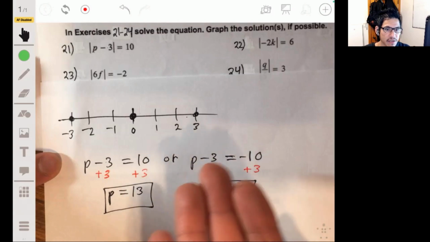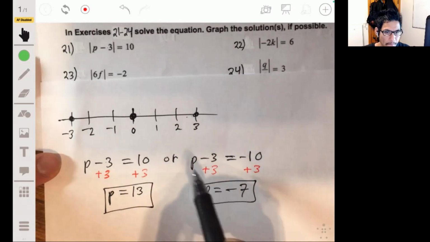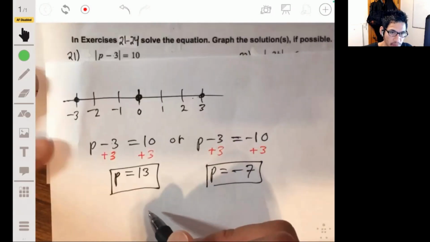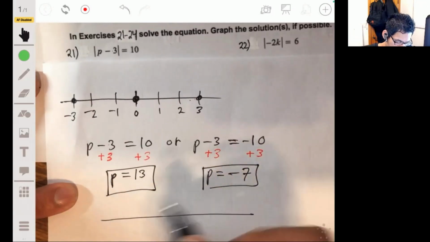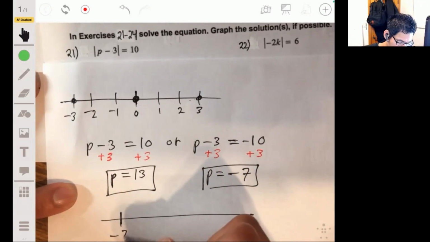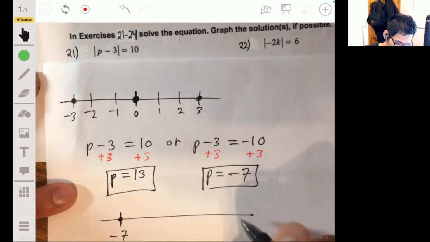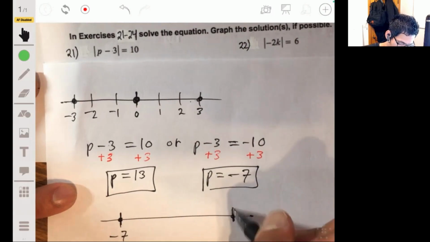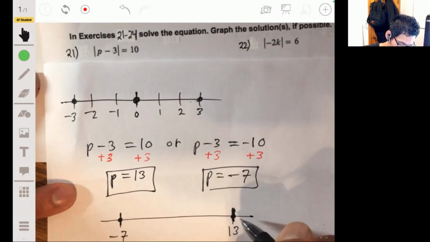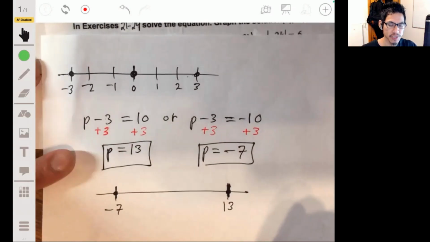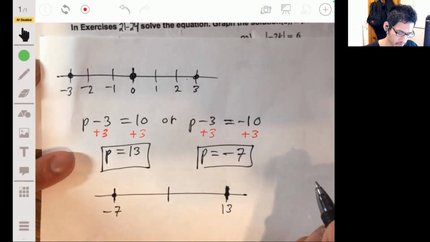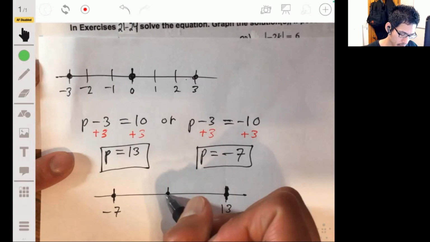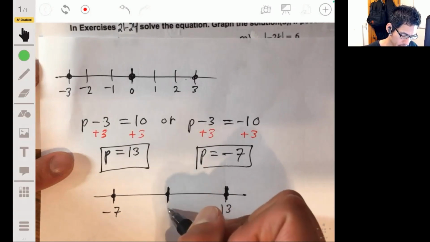So to be technical, what you're getting at in this problem is, your answers are, let's say, -7 and 13. If you notice, what's in the middle of these two? Well, it's going to be 3.